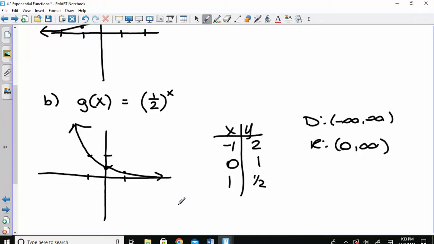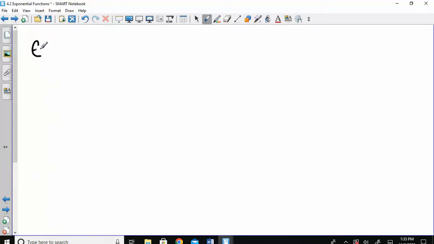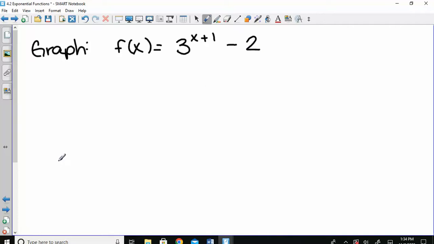Let's do a few transformations with these. So we still have to do a parent function and then any transformations that we might have.